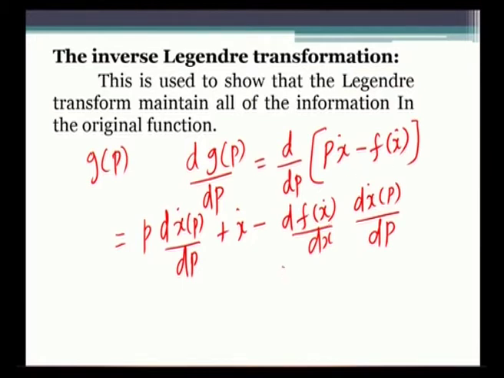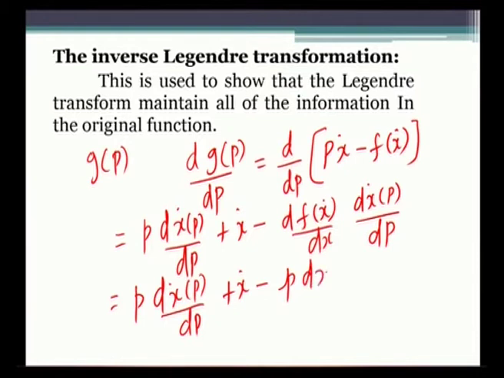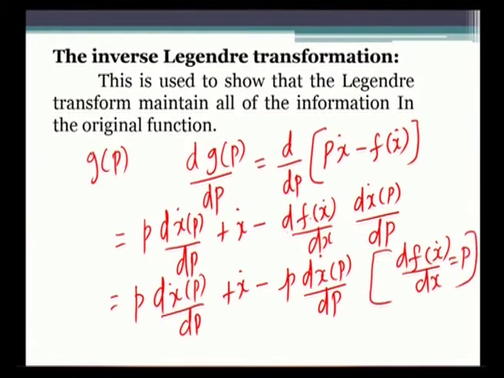Further expansion of this gives p times dẋ(p)/dp plus ẋ minus p times dẋ(p)/dp. Here df(ẋ)/dẋ is taken as p, so this component is reduced to the form p times dẋ(p)/dp.